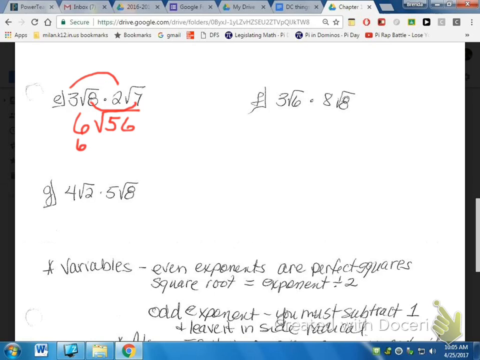So it's 6, and then in the radical would be 4 times 14, which would be 6 times radical 4 times radical 14, which would be 6 times 2 times radical 14, so 12 radical 14. And that is your simplified answer because 14 has no factor that's a perfect square.